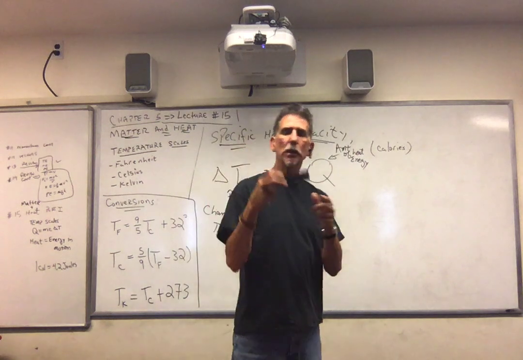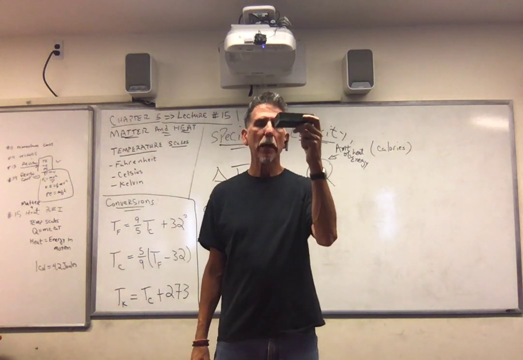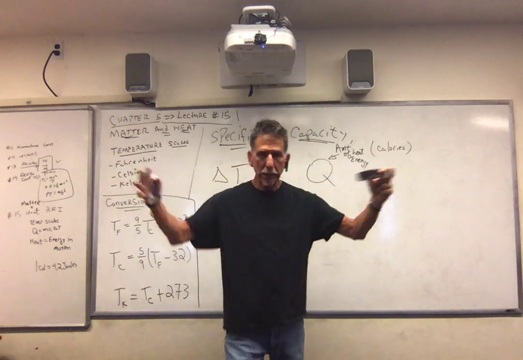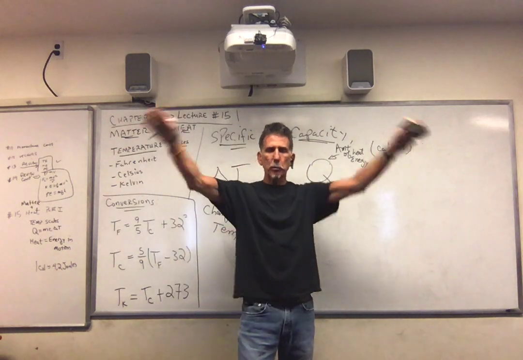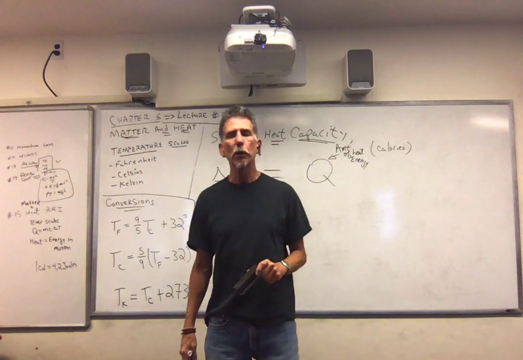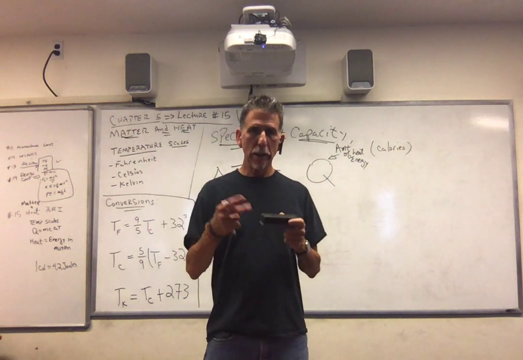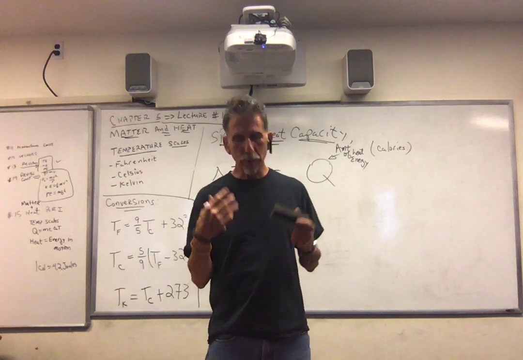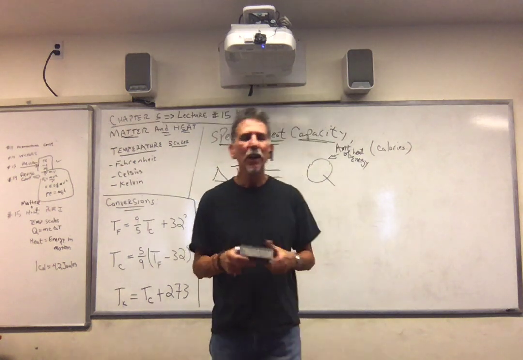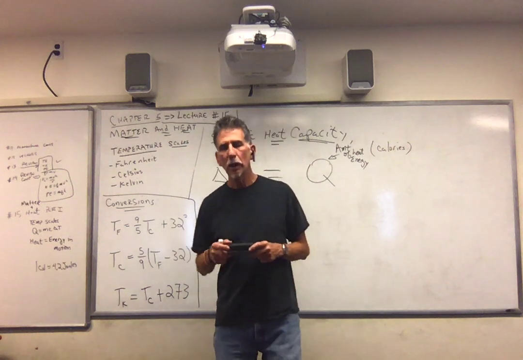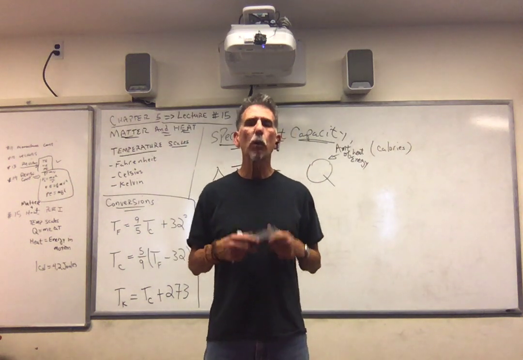Now, instead of a piece of copper this size, suppose I took a piece of copper the size of a desk. Okay, really big piece of copper. Now suppose I add 100 calories of heat to a piece of copper the size of a table. Will the temperature go up?